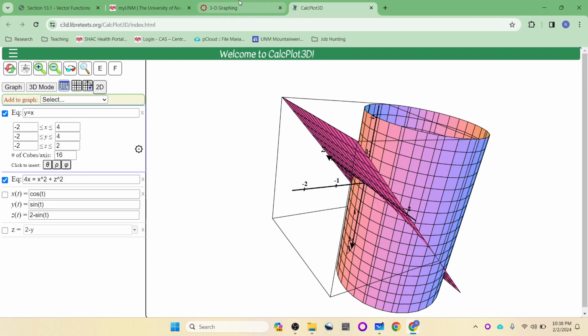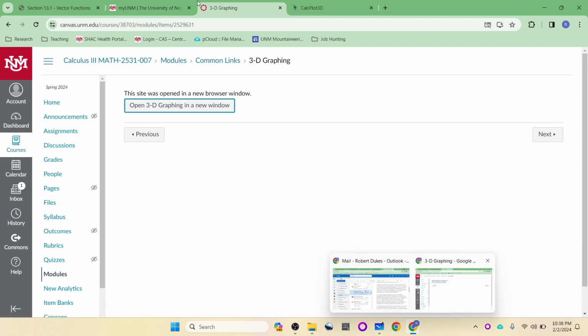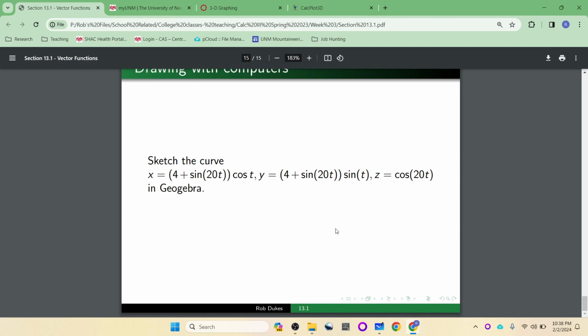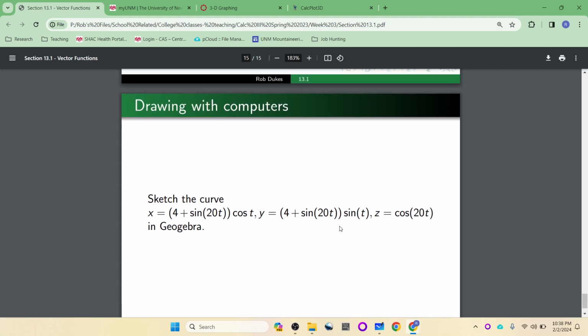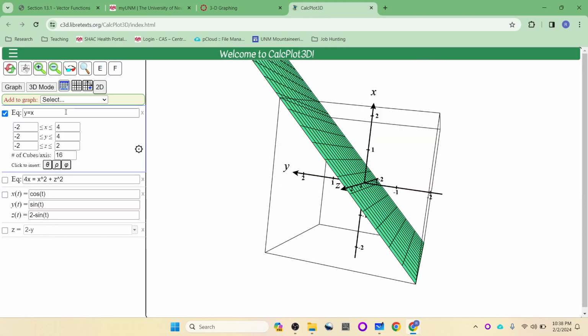And the last thing on these notes was you have a really ugly curve here. There is no way you'd be able to sketch this by hand, but we can do it with computers. Let's see what it looks like. Now, given x is something, y is something, z is something, I want to sketch.